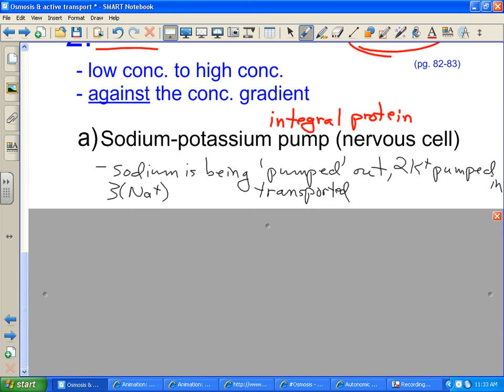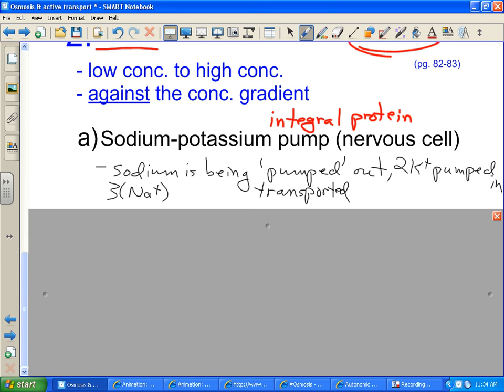The way it works: 3 sodium ions are being pumped out, and 2 potassiums are brought in. This is vital to your nervous system working properly.